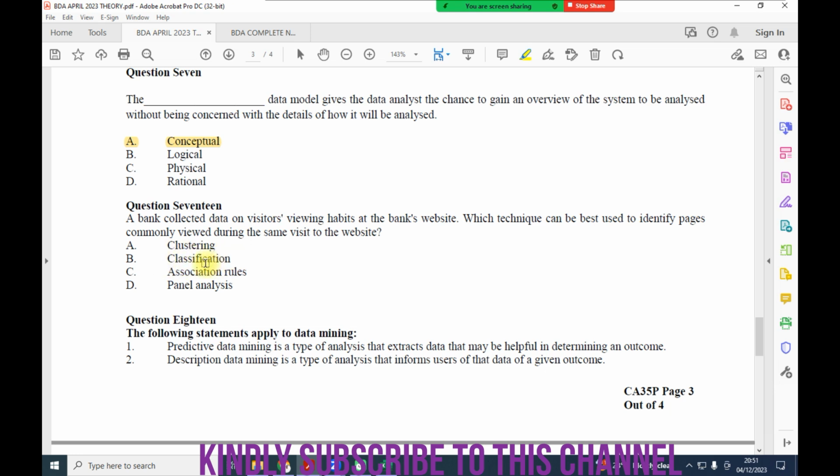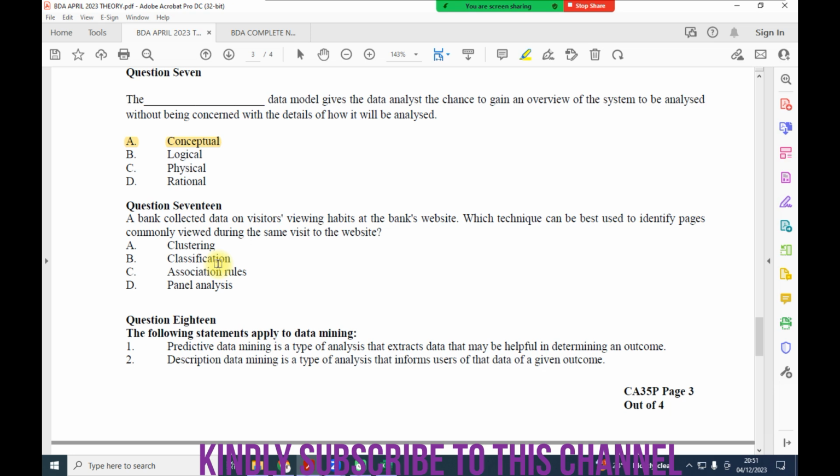When you talk about association rules, that is where items are associated with one another. Association in mining functions finds items in your data that frequently occur together in the same transaction.